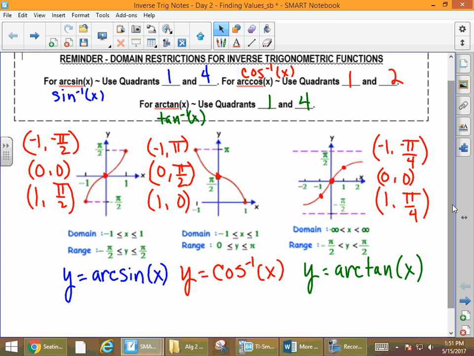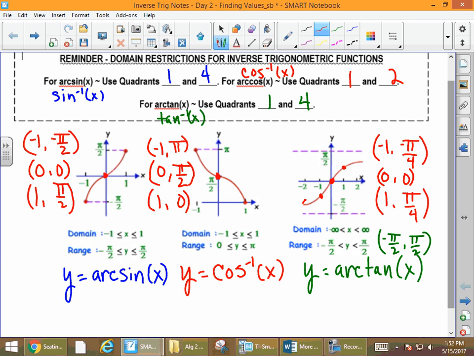So the domain is going to be all real numbers for our inverse tangent graph. And then the range goes from negative pi over 2 to pi over 2. But those values are not included in the range because that is where we have the asymptotes. So we have no values on there.